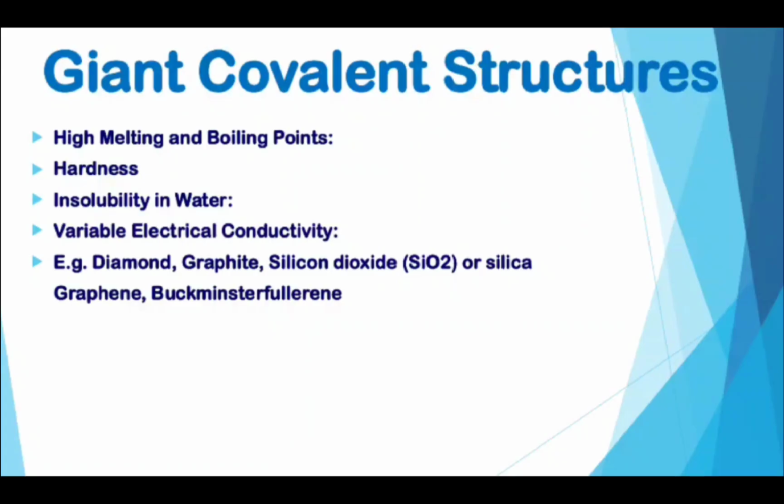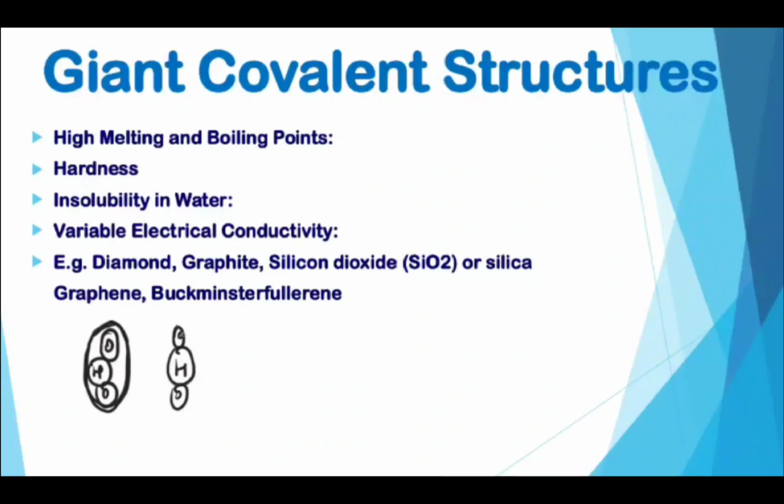So if I have water, hydrogen bonded with oxygen. Then I have another water molecule. I may have another one. So these bonds within each molecule are very, very strong.